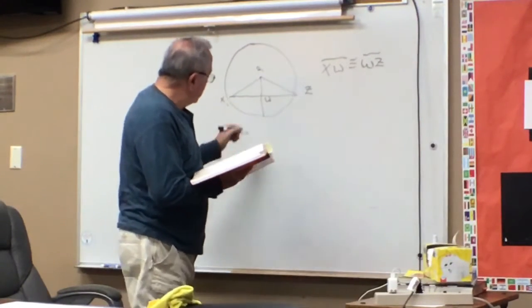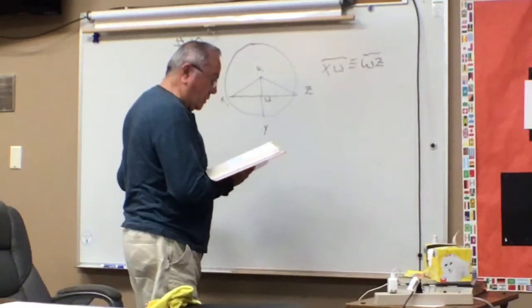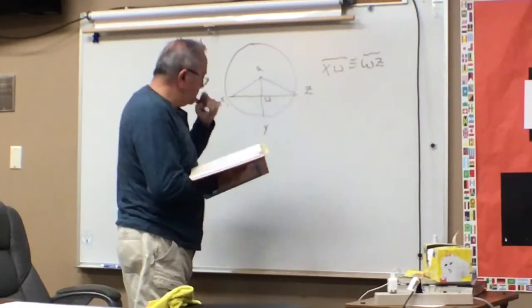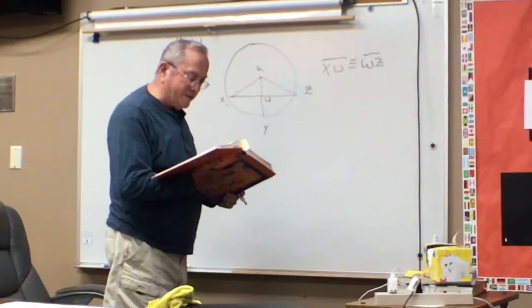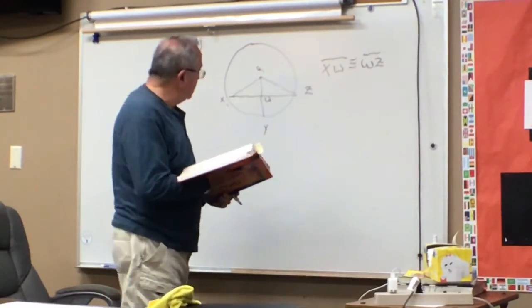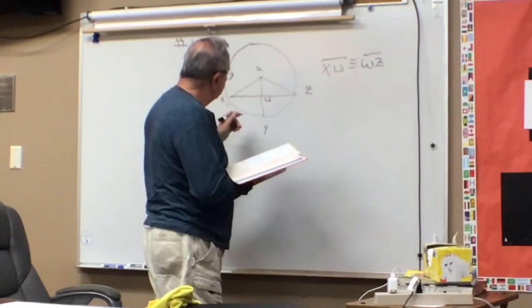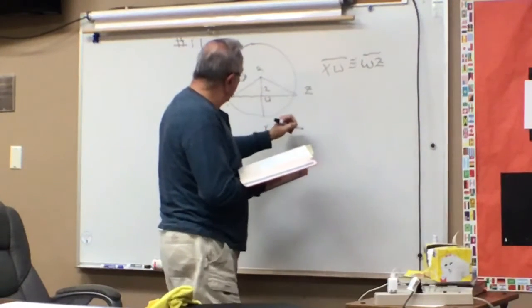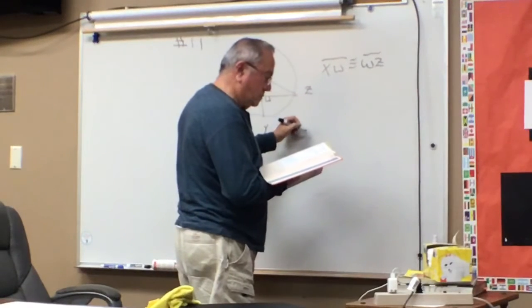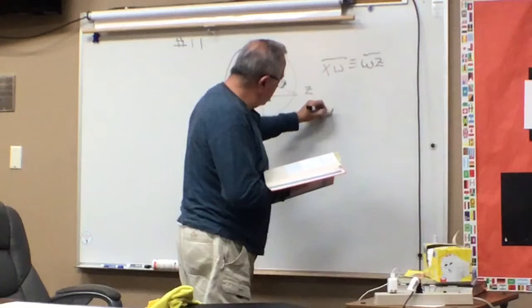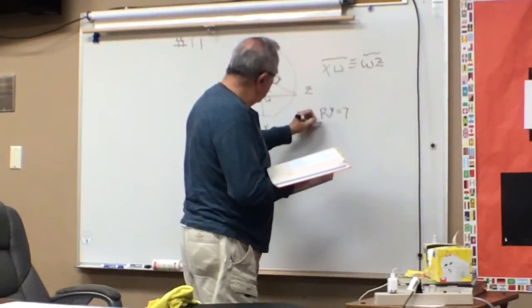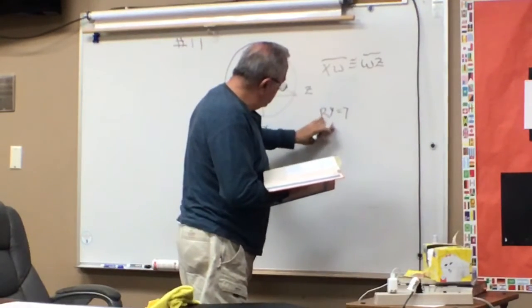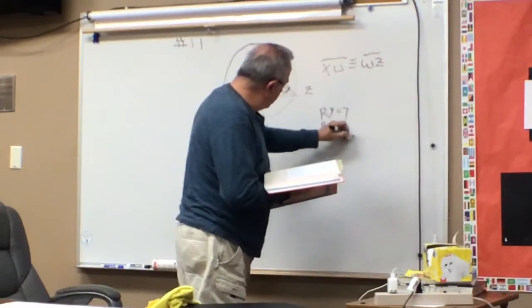All right, so now I'm going to go on to problem 11. Okay? So it says RY is 7, RW is 2.